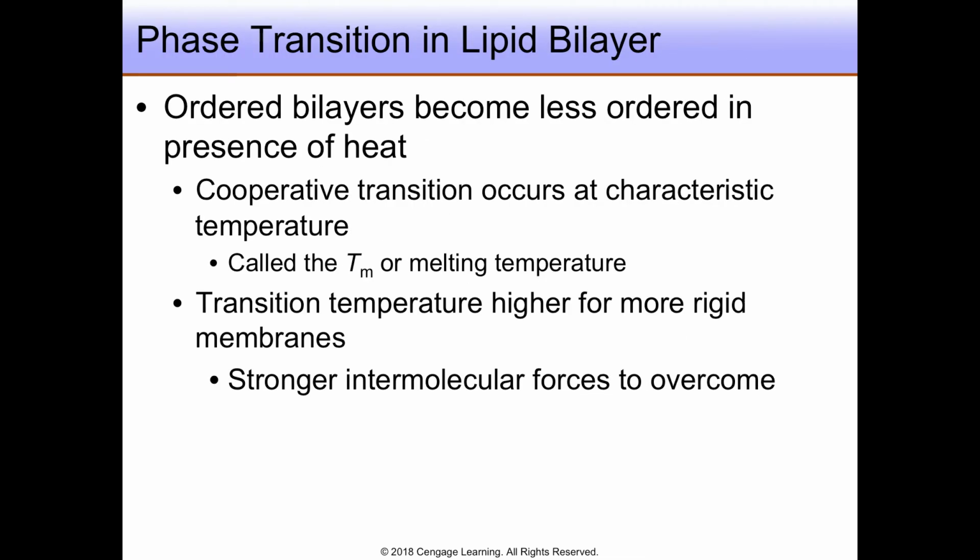Another factor that influences membrane fluidity is the presence of heat. The lipids become more fluid in the presence of heat, and the temperature at which this transition occurs has to do with the types of lipids present. Membranes containing more ordered lipids, and therefore stronger van der Waals interactions, have a higher transition temperature, called the TM, or melting temperature.